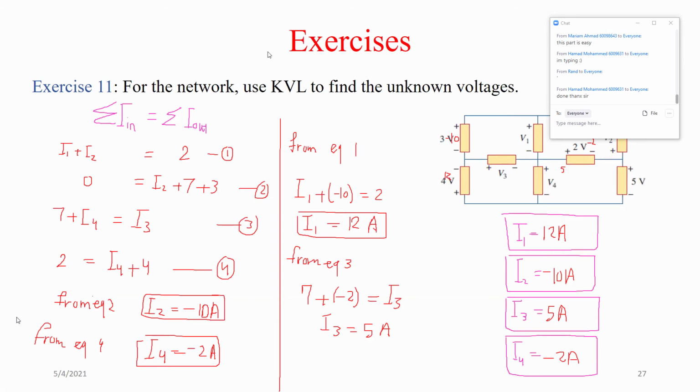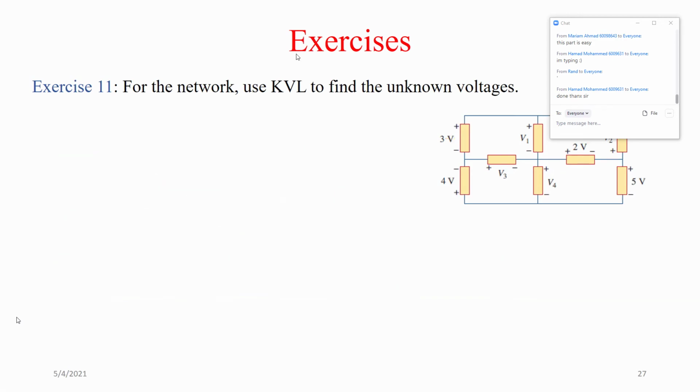Okay, now this question. Kirchhoff's voltage law says the sum of the voltages in a loop equals 0. For a loop, we usually use the small loops, the simple ones, which are easier to use, and they're independent.